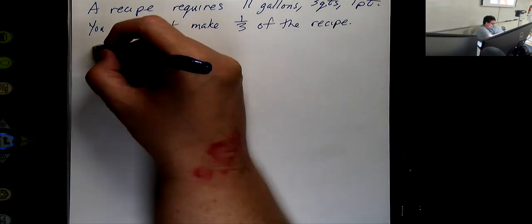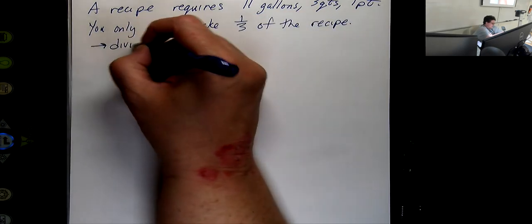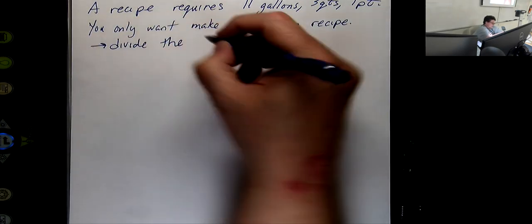So we want to basically divide the recipe by 1/3, or divide the recipe by 3.